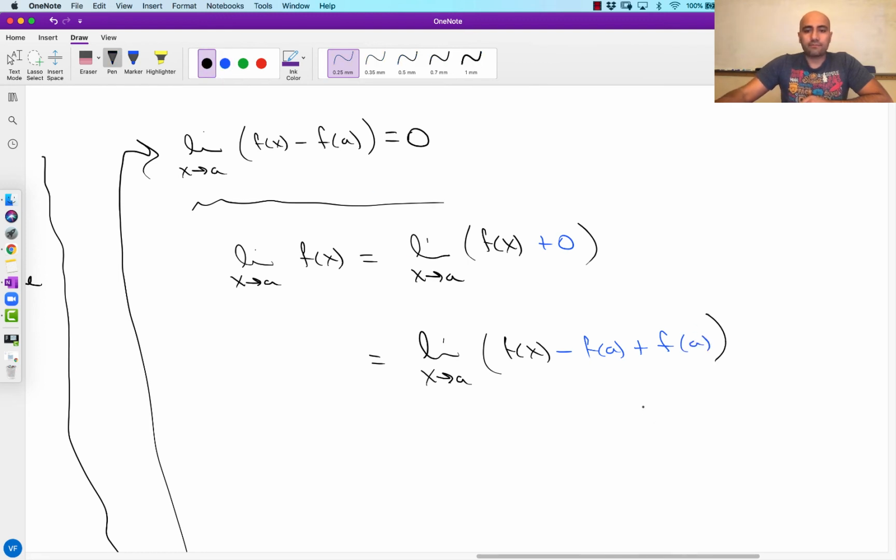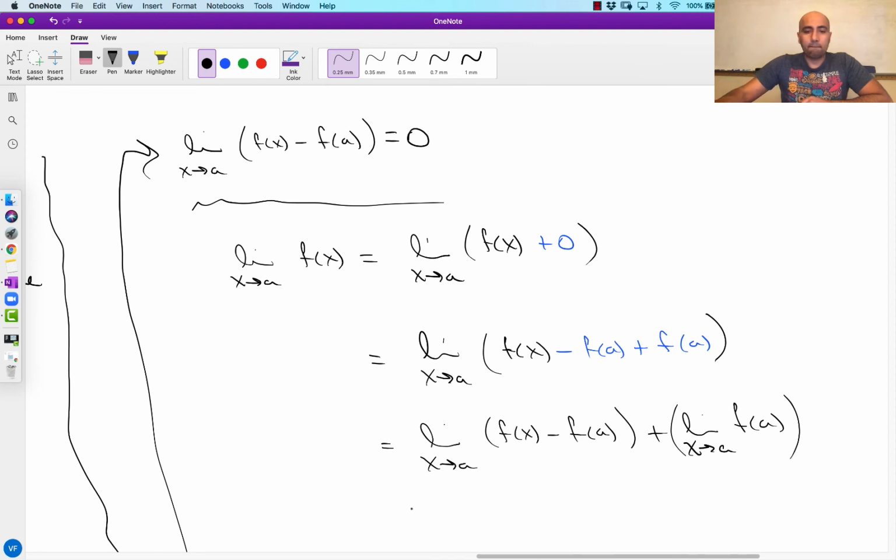From our work with limits, we can separate these two. So this becomes the limit as x approaches a of f of x minus f of a, plus the limit as x approaches a of f of a.